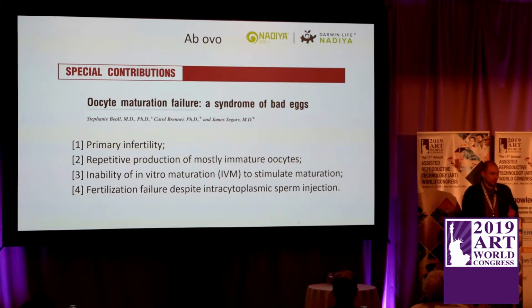Some of you heard it yesterday from Dr. Zhang's presentation. We had a case where the patient has almost all M2 oocytes, so her oocytes can undergo the first meiosis normally.